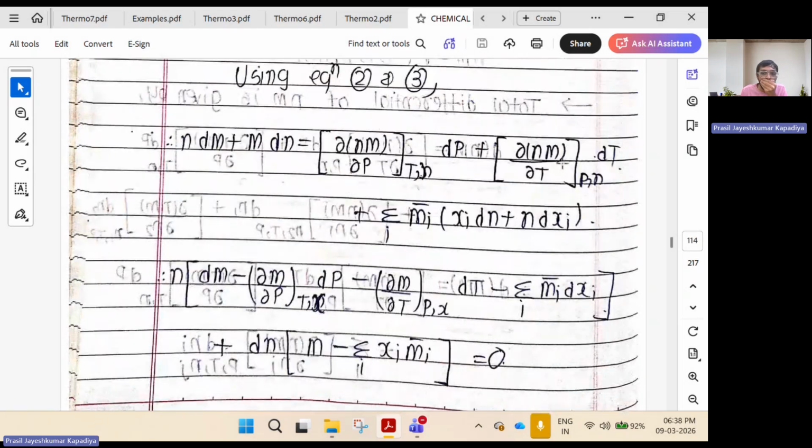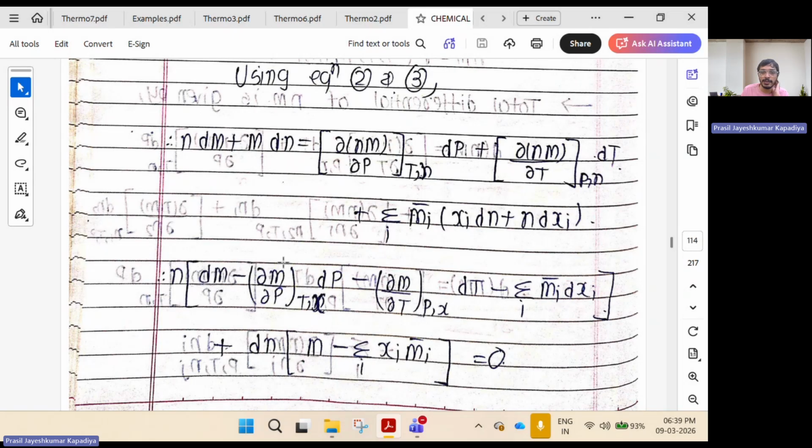Now we will do some separation: all components with n in the multiplication I will keep on one side. If I keep n constant, from here n is constant, we have written T, n constant.